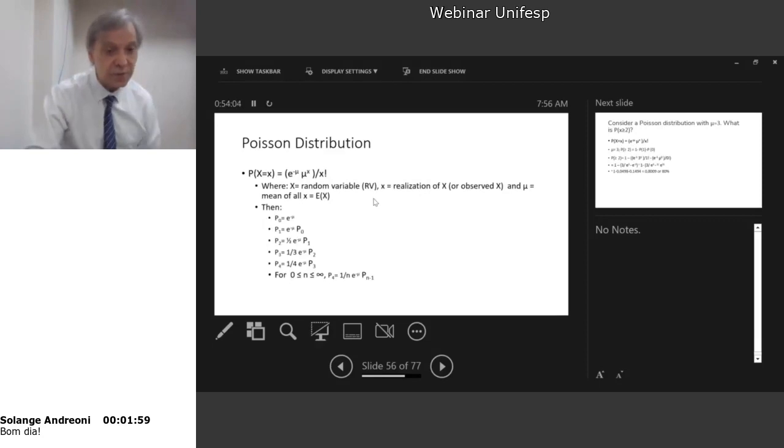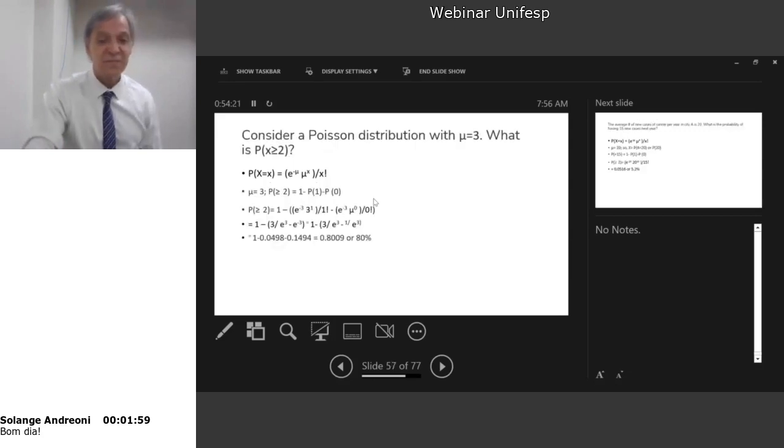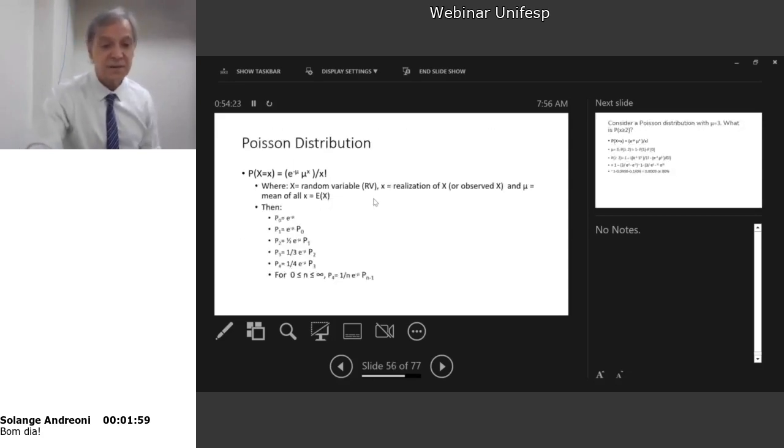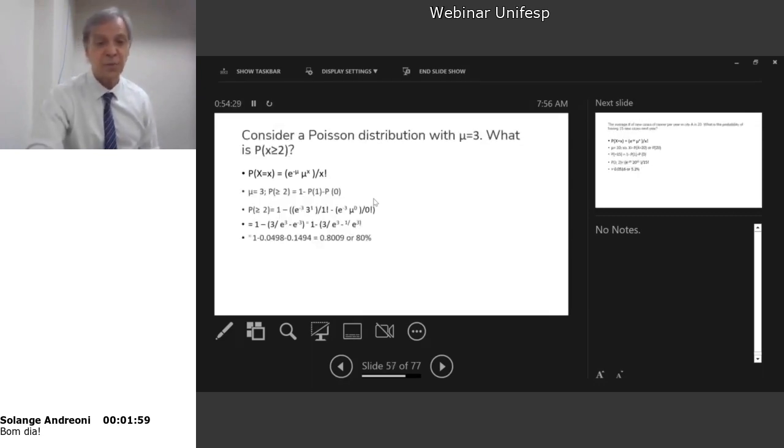I calculate Poissons for different mu's, and you can have these equations apply, and you can simplify. Remember, if you play algebra tricks here, you can figure out that P4 is 1/4 e to the minus mu P sub 3. Okay. And again, the values go from 0 to infinity, and that's the general formula for the Poisson.